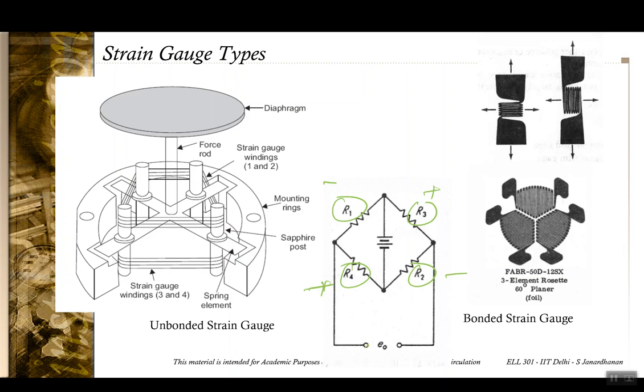So there would be a voltage difference produced across these two terminals, and that output voltage can be indicative of the change in resistance, and that in turn will give us how much strain is there, which can be correlated to how much force or pressure is being applied. In this way the strain gauge can be used as a secondary transducer. We'll go into the specifics of how this Wheatstone's bridge can be used later in the lecture.